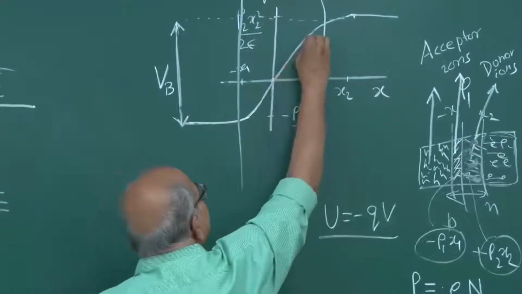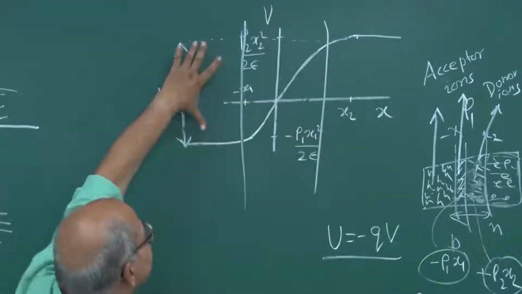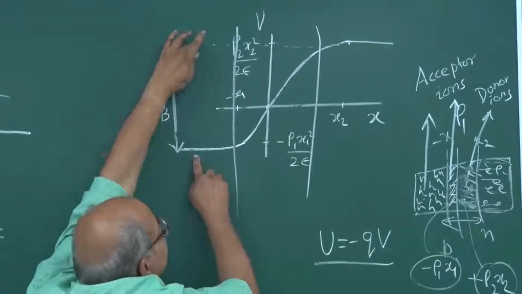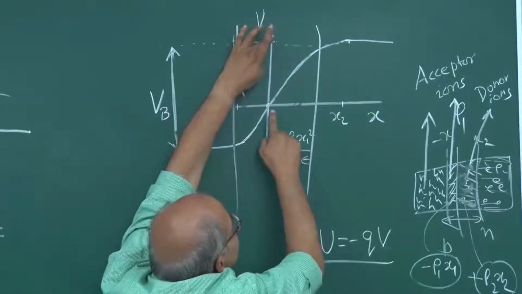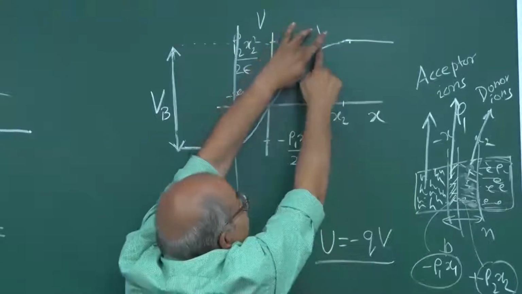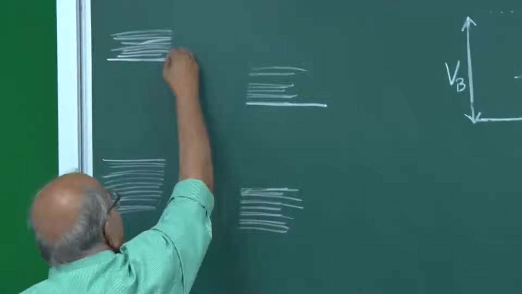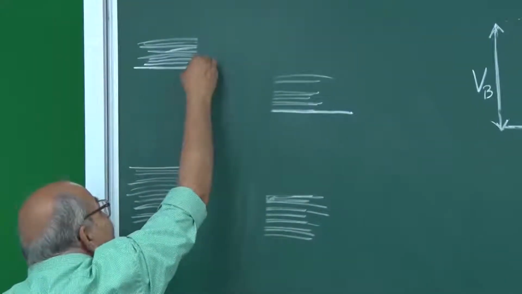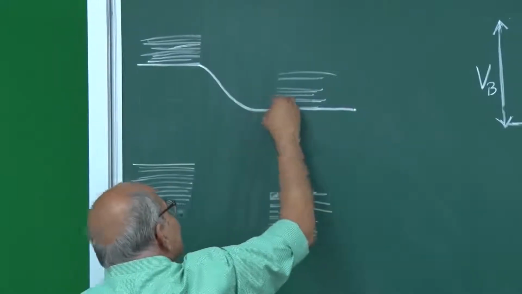That shift gradually decreases. So if I take this as the reference, the shift is this much here, this much here, this much here, and this much here. All right. So gradually it will come and join here, like this.